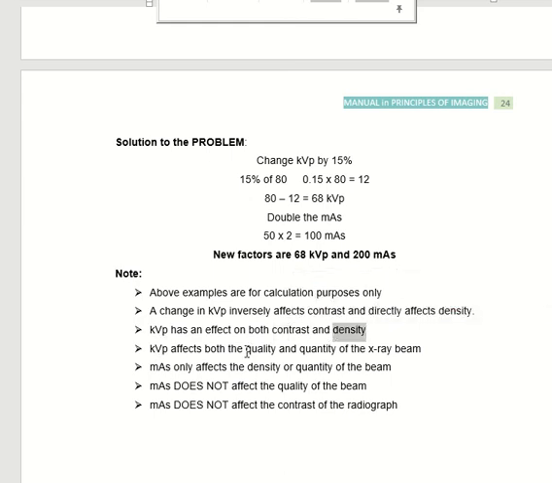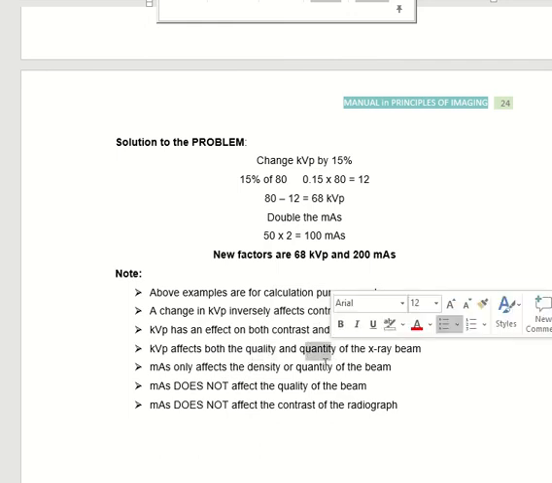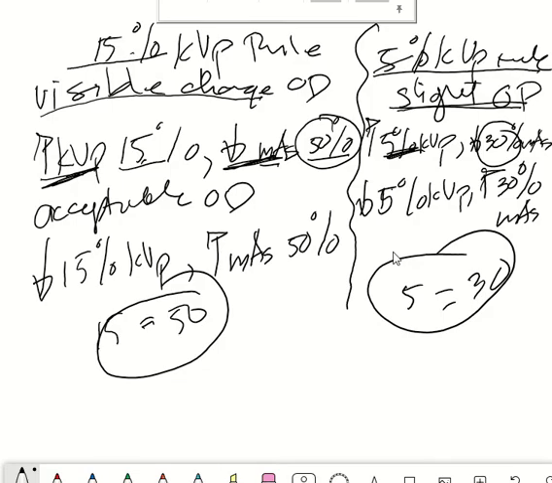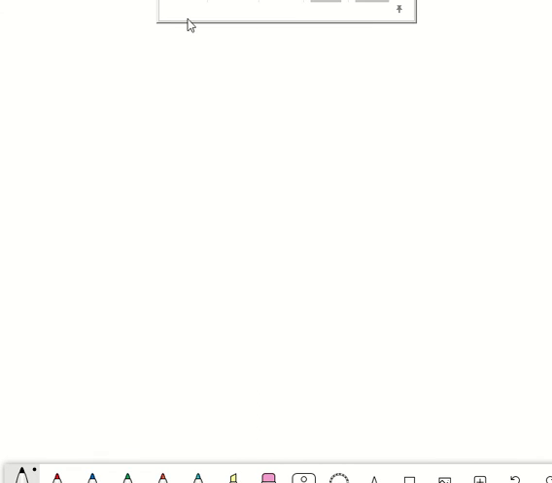Also, kVp affects the quality and the quantity. So, quality, yung kanyang energy, directly related. Quantity, dami ng X-rays, directly related din. Okay? Lagay natin dito. So, increase kVp, decreased contrast.